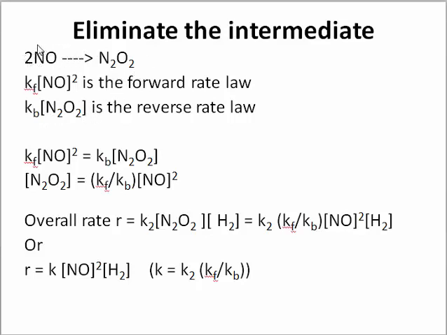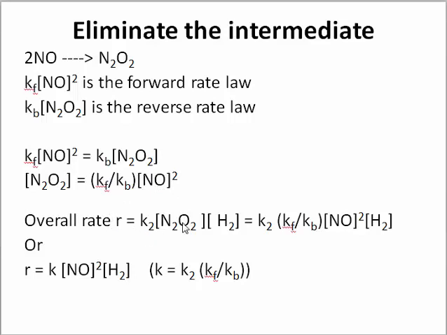In equilibrium, the rate of the forward step and the rate of the reverse step are the same. We set these two things equal to one another. If we do that, we can solve for N2O2. That's kf over kb times NO squared.